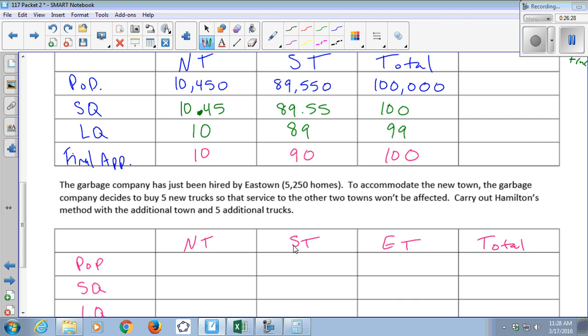So it was 10,450, 89,550, and then my Easttown now has 5,250 homes, and that makes a total of 105,250.